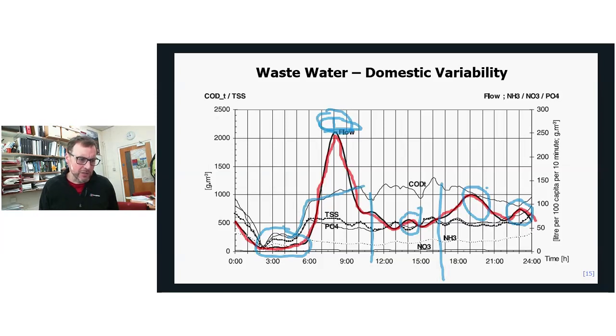So the TSS is the solids going into the network. You can see that whilst the TSS levels increased from, I don't know, around 200 up to 500, so it went up by 1.5 times, the flow rates went up 20 times or so, and that's because a lot of the flows coming in don't carry those heavy polluting loads, so it's more dilutive, if you like.